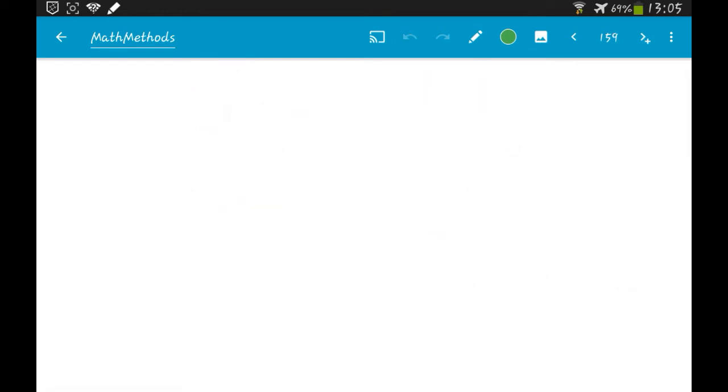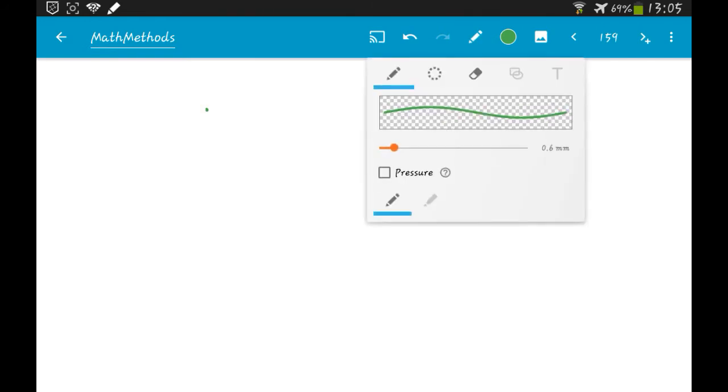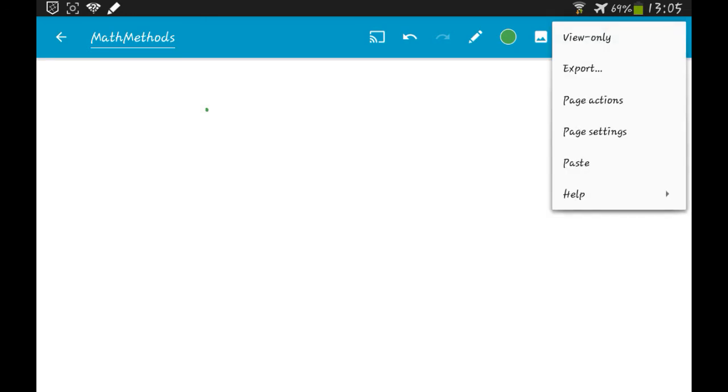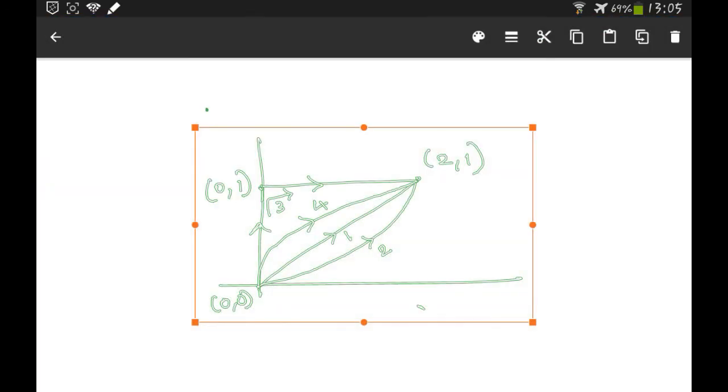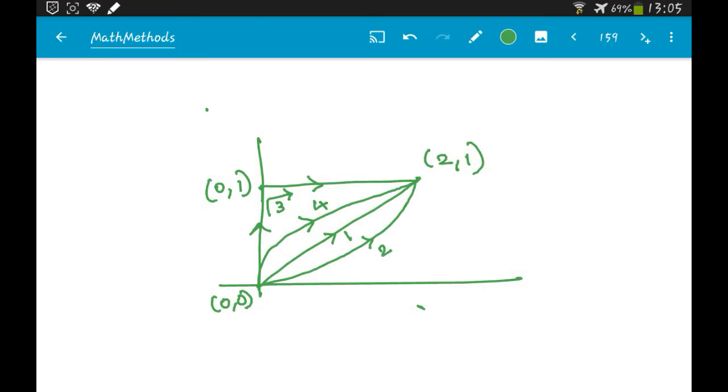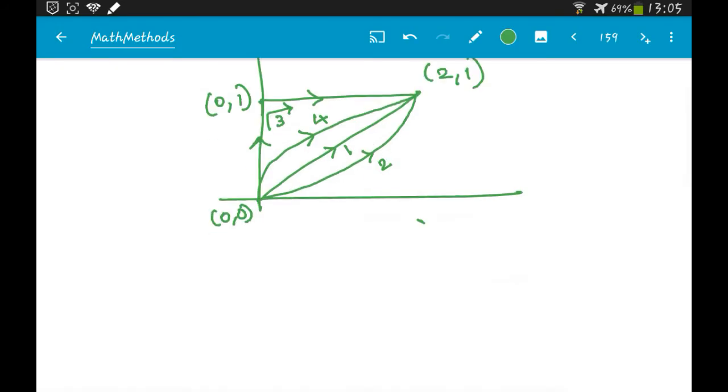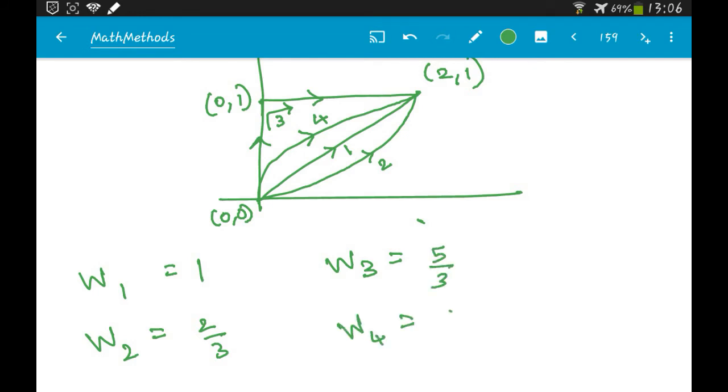Okay, so these were our paths, and you can see what we got was, for path 1 we got the answer of 1. For path 2 we got 2 by 3. For path 3 we got 5 by 3, and path 4 we got 7 by 6.